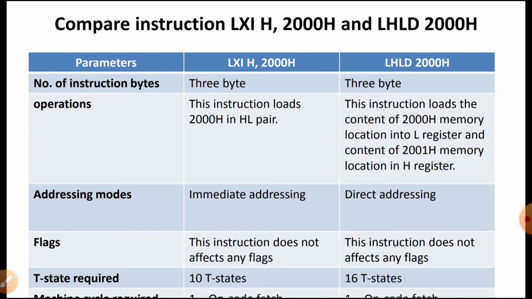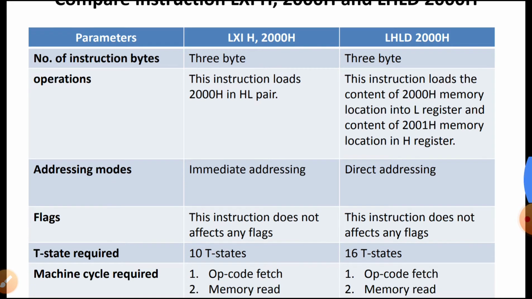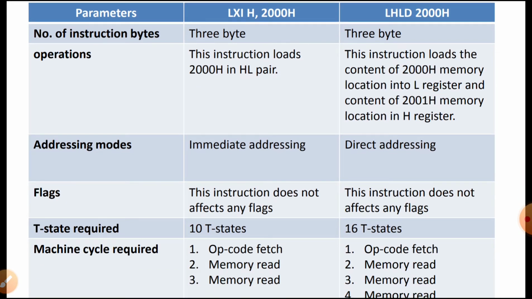LXI H is a 3-byte instruction, LHLD is also a 3-byte instruction. The operation of LXI H loads 2000 into the HL pair, and LHLD 2000 loads the content of memory location 2000 into the L register, lower order, and the content of 2001 into the H register.